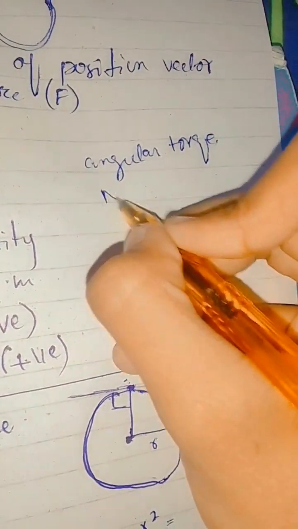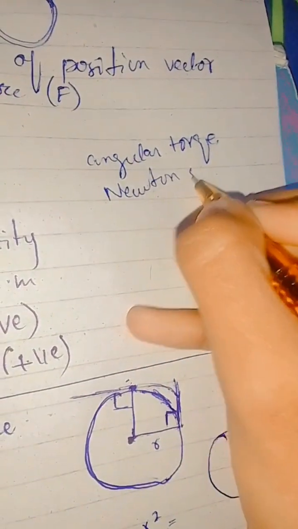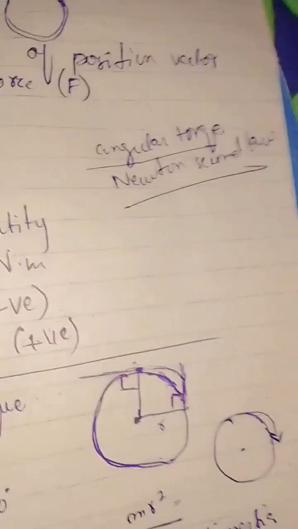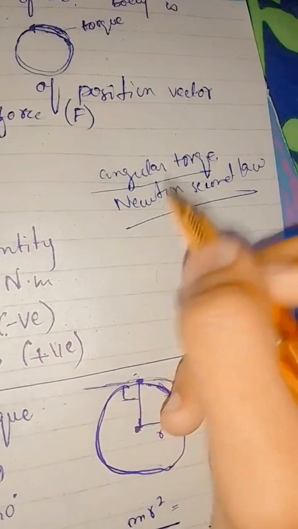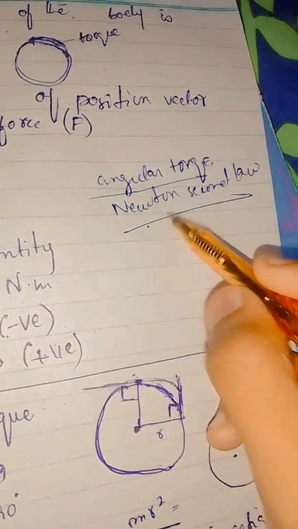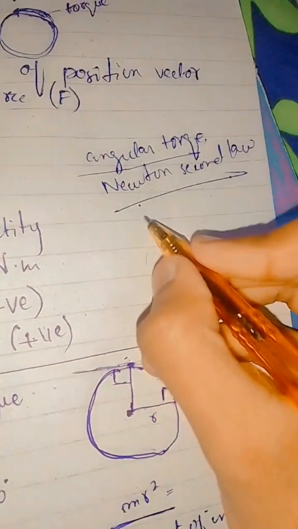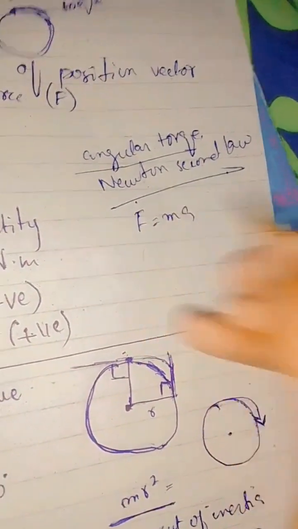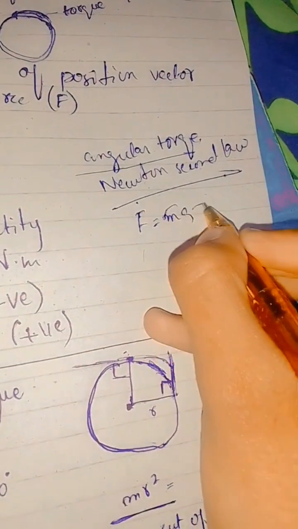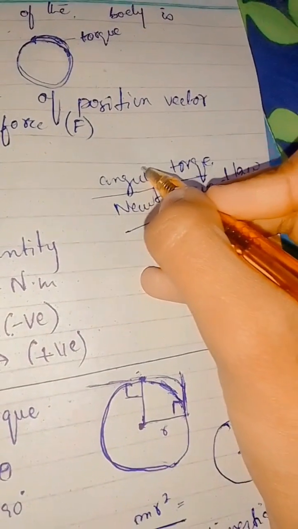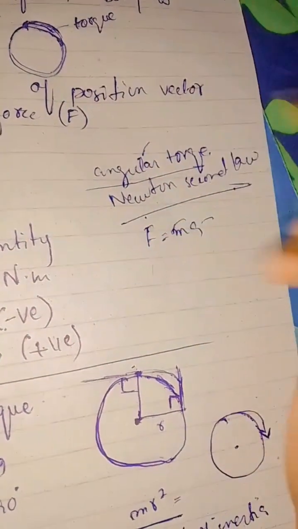Angular torque and Newton's second law are both the same. Newton's law shows linear motion, where it shows ma, the second law: mass is linear, acceleration is linear. Angular torque shows angular motion.